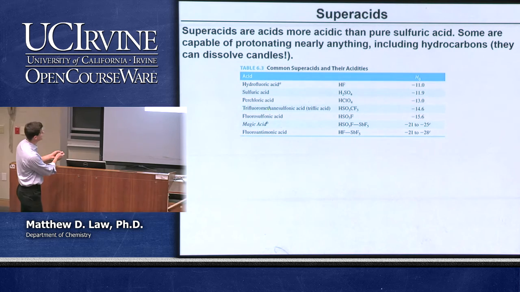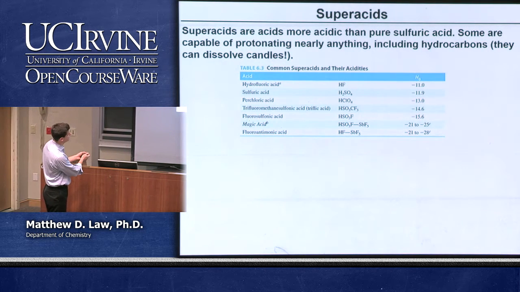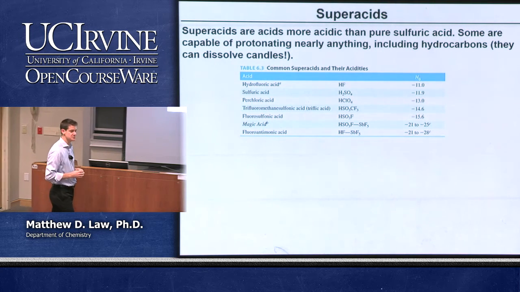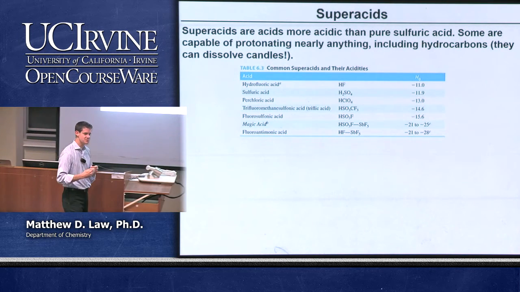And you can see there's a number of acids here: perchloric, fluorosulfonic, this magic acid, and then the fluoroantimonic acid here that have substantially more negative H values, even as large as, say, 16 orders of magnitude different. So this is a huge range of superacids.